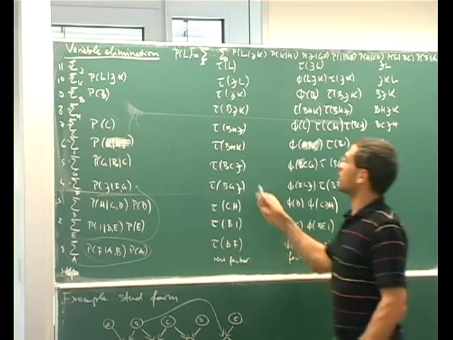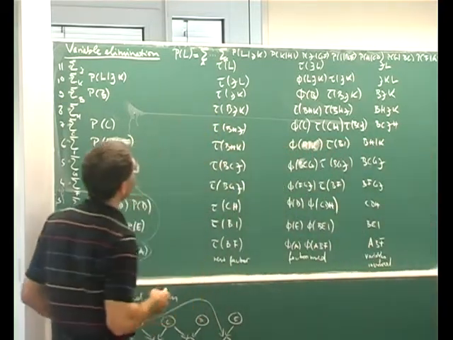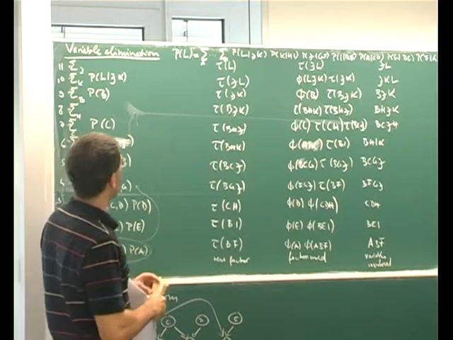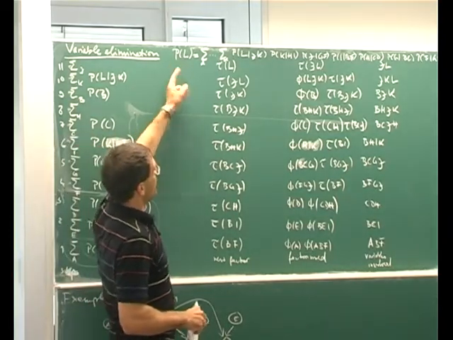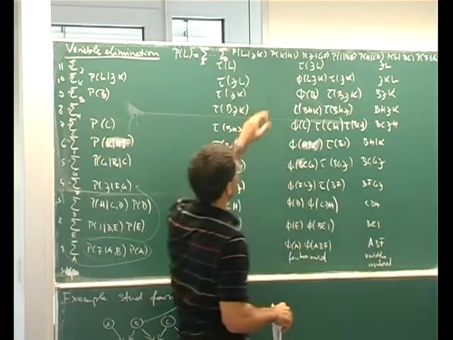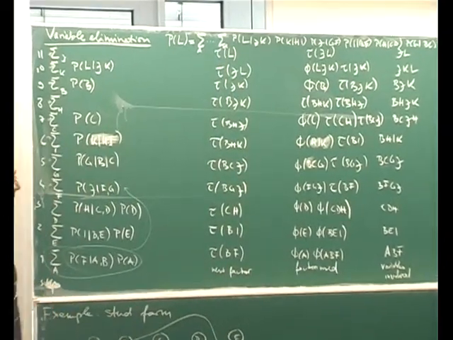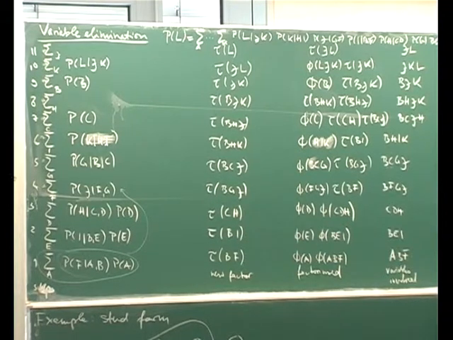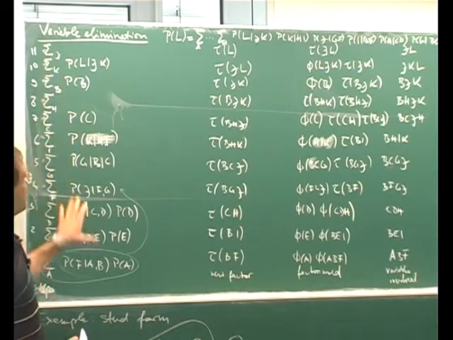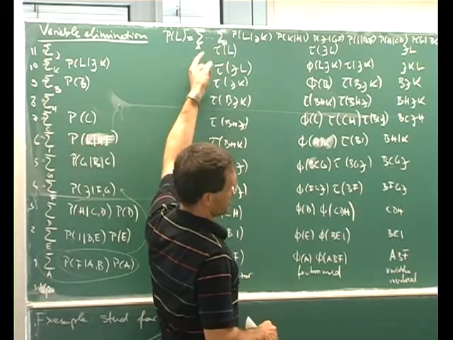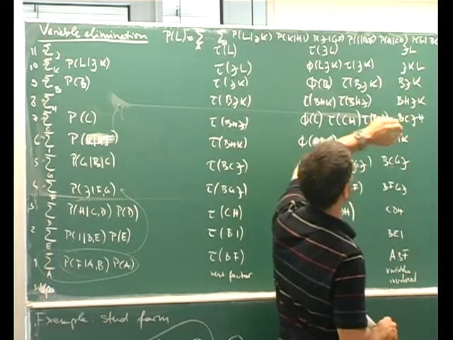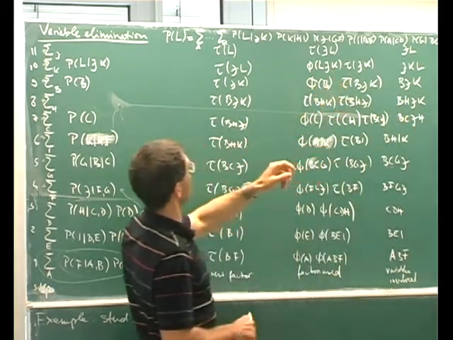So this was what I had written down before the break. So up here is simply the marginal of P of L, where I've used the conditional independencies as incorporated by this graph. And this same thing has now been rewritten here on the left-hand side, simply by pushing in these summations to varying extent and by rearranging the terms.